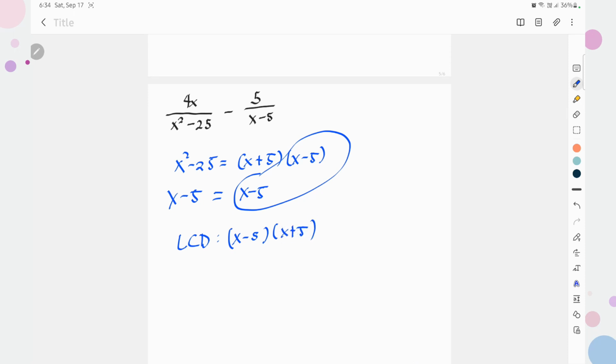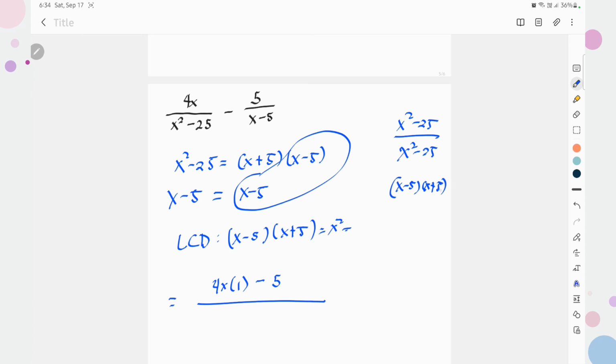So as you can see now, we divide, so we can have it here like x squared minus 25. So we have now 4x times 1. Minus, you have your 5, and then x minus 5 times x plus 5, which is the LCD, divided by this denominator, which is x plus 5. What is left now is x minus 5.